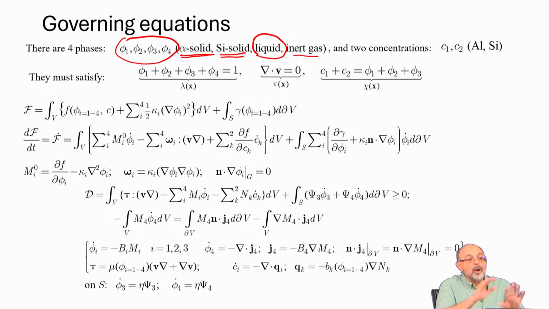Nothing else. I don't know where I am at that particular point. It could be any of the other phases. Same thing for phi2, phi3, and phi4. Now this is an extra condition which will have to be enforced by means of Lagrange multipliers, and I have just noted here those Lagrange multipliers.